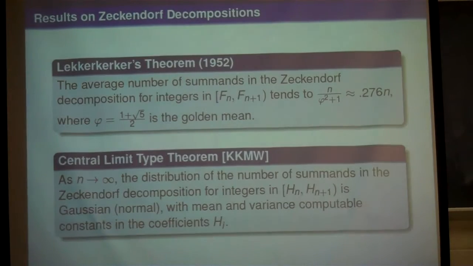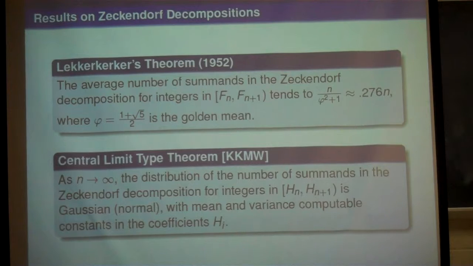Okay, so what we've been studying is statistics related to Zeckendorf decompositions. And here are some classical results. The first result is known as the Lekkerkerker-Gross theorem. The first question you might ask is, given a Zeckendorf decomposition, a natural statistic is the number of summands you might have to use decomposing a number in the interval [F_n, F_{n+1}).